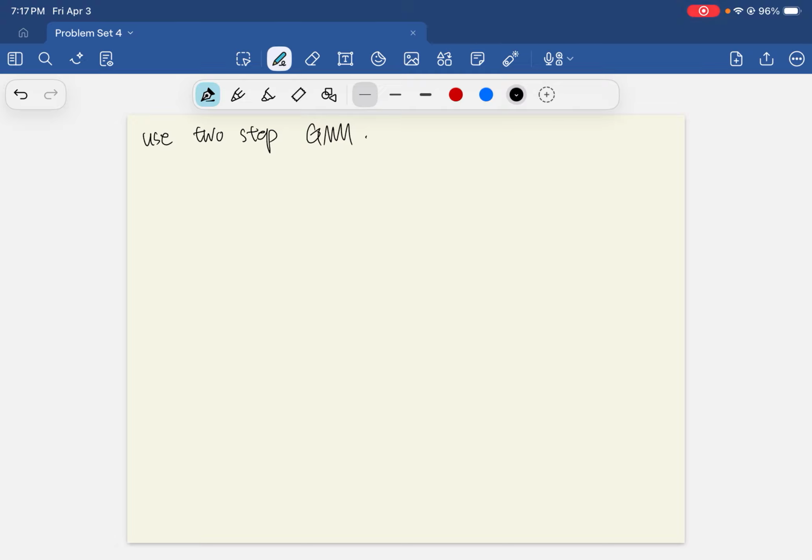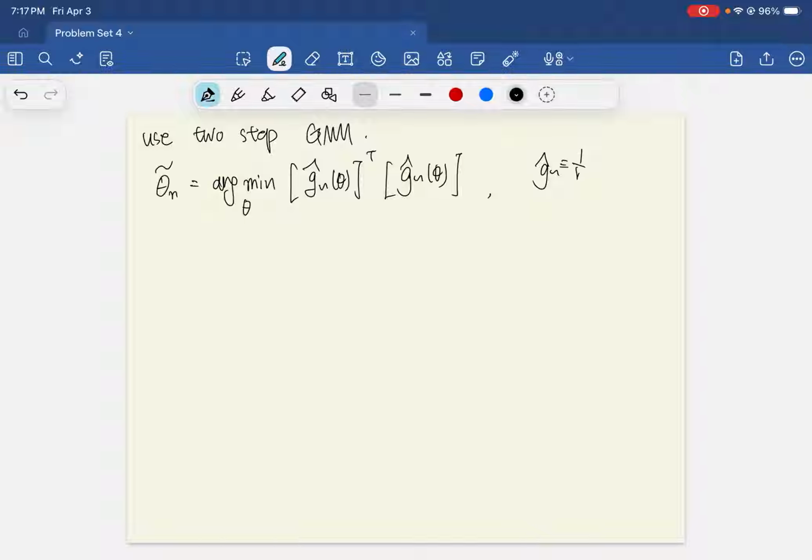My suggestion here is your theta tilde n is arg min over theta of g hat n theta transpose g hat n theta, where g hat n is defined as 1 over n summation gt, t here, of course, gt theta.